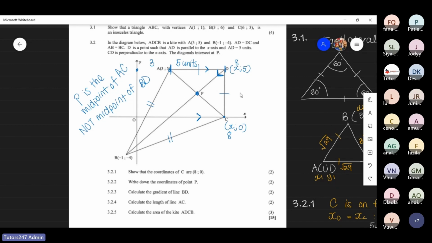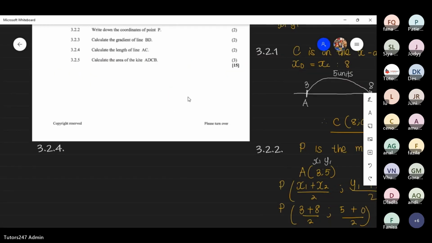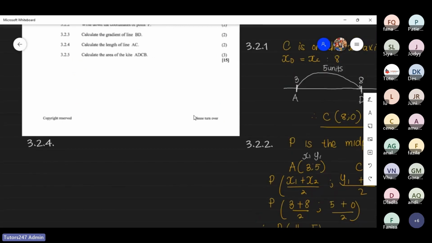The coordinates of D, we previously calculated when determining the coordinates of C. So we know that B has coordinates -1 and -4, and D has coordinates 8 and 5. We need to calculate the gradient BD.